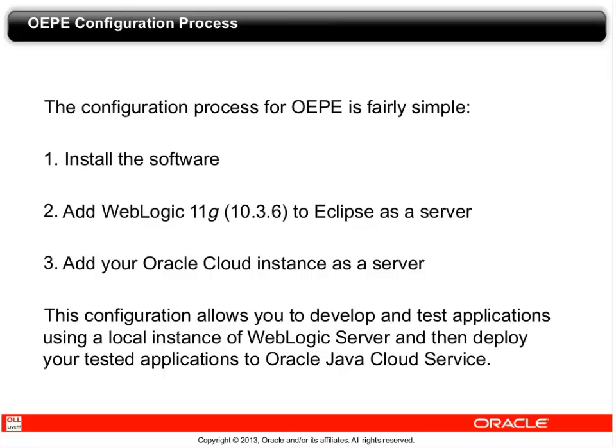Once it's installed and you start your Eclipse instance, the OEPE instance, you can then add an instance of WebLogic 11g, the 10.3.6 server that comes with the download. We'll add that to our Eclipse IDE as a server. And then you can add your trial instance of Oracle Cloud as a server as well.